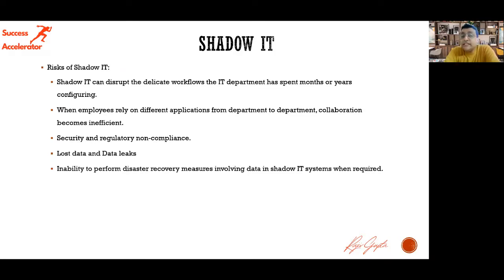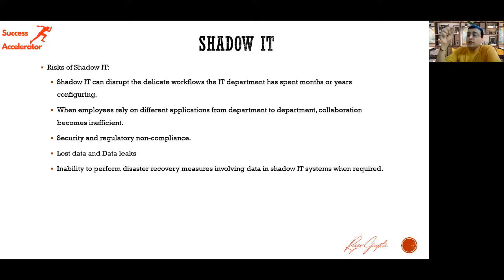Shadow IT can disrupt the delicate workflow the IT department has spent months or years configuring. So they may have defined the configuration that once a purchase order is created and approved in SAP, that information will be used for doing the goods receipt. And the information of goods receipt will be used by the next step, which is the vendor invoice booking.